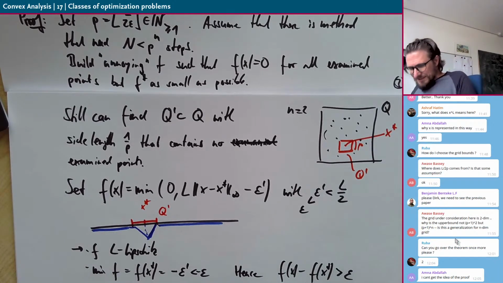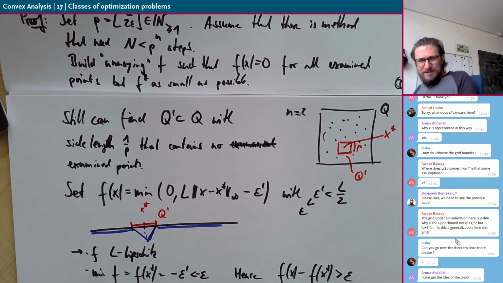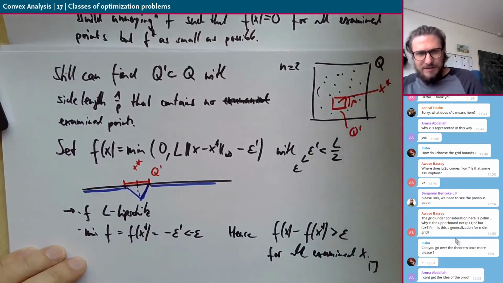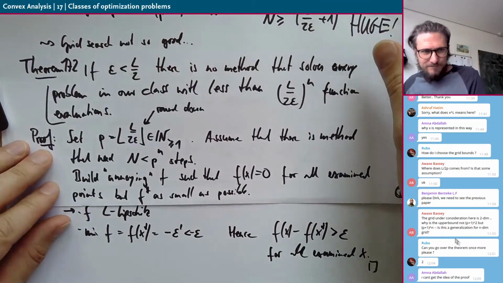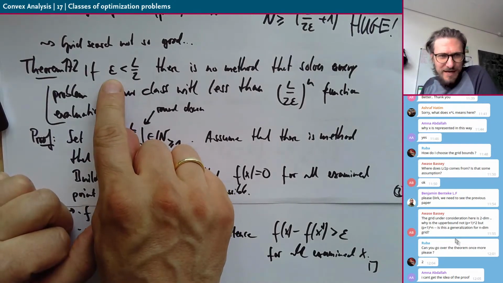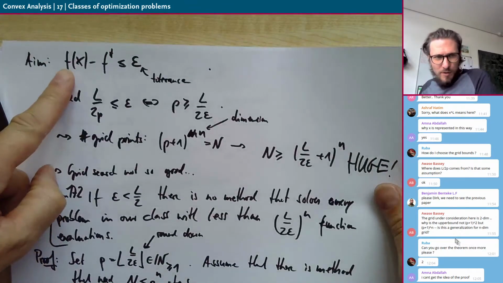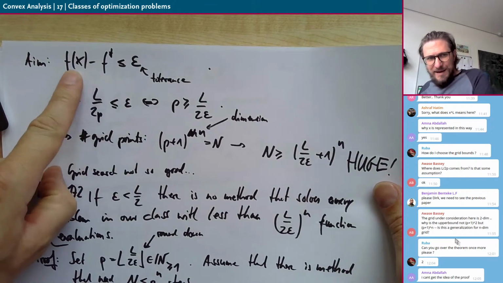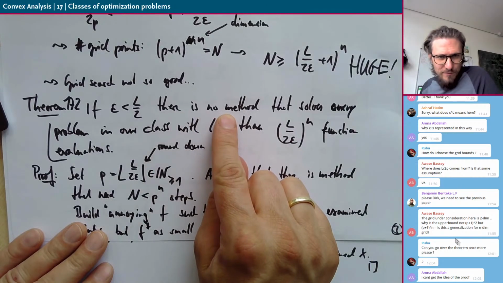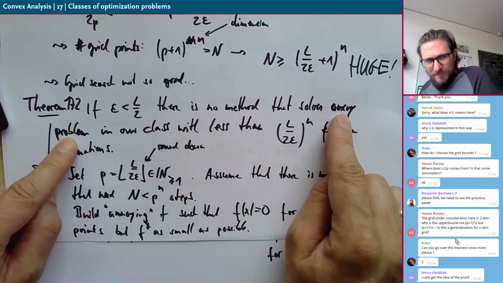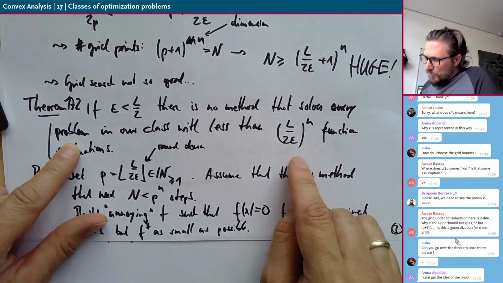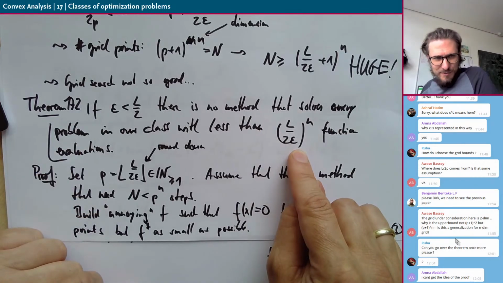Okay, so once again, theorem 17.2. Let's start from the beginning over here. What the theorem says: if we fix an accuracy, which is our goal for our algorithm, to find an x which is epsilon close to the minimum value, then there is no method whatsoever that can find minima for all problems in our class which uses less than this many function evaluations.